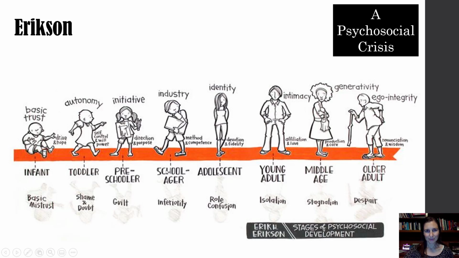All right, the next one is a school ager. So this is when they're really starting to look at academic skills. So they're starting to complete math problems. They're starting to read. They probably already read, but they're just learning a bunch of things in this stage, during the school age. And so you either get industry or inferiority.